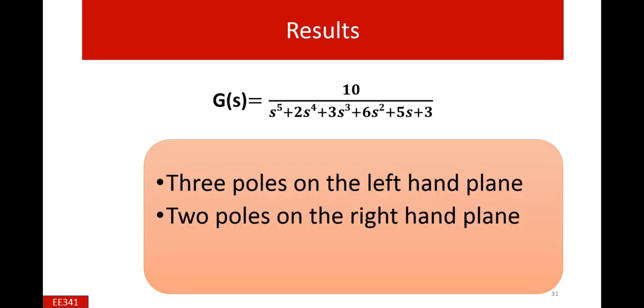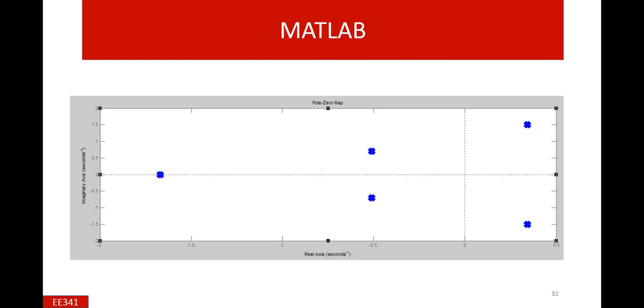As we see, the closed loop transfer function has 5 poles. Out of 5, 2 poles are on the right half plane, and 3 are on the left half plane. By using MATLAB we can verify our result that out of 5 poles, 3 are on the left half plane and 2 are on the right half plane.